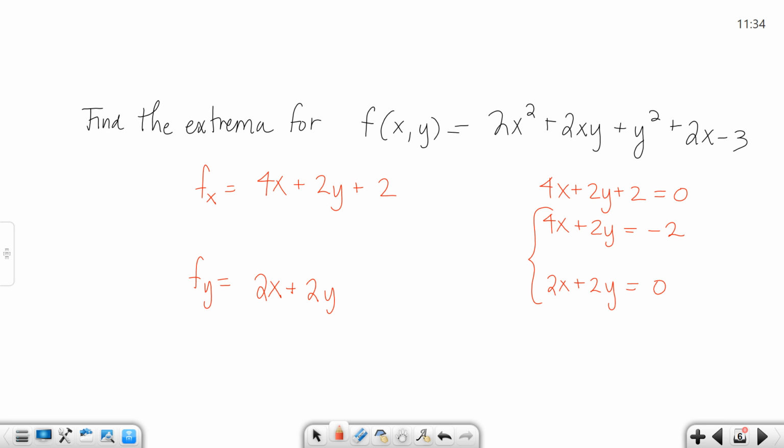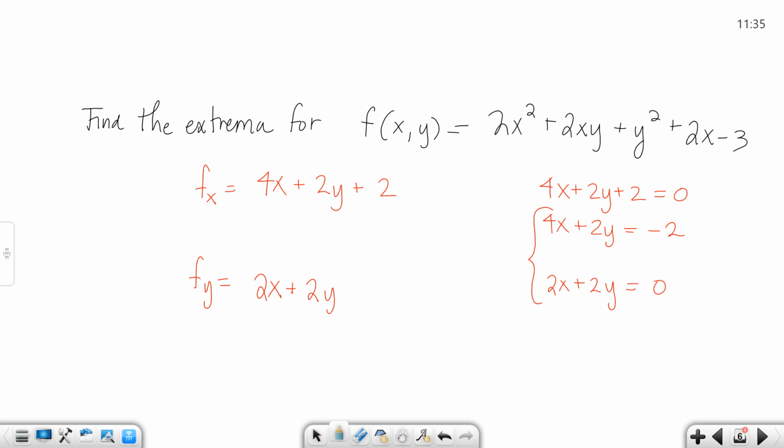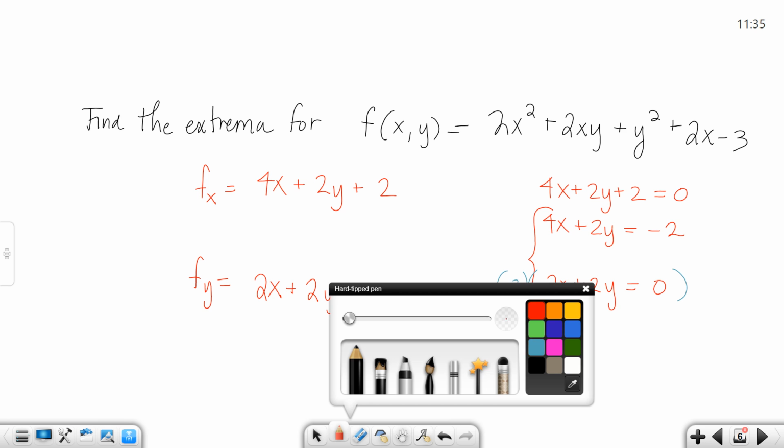Now, you can solve a system of equations by a whole host of ways. You could use Cramer's rule, or you could use substitution or addition method. It doesn't matter, but you do have to find a point that solves both of these equations at the same time. So what I prefer to do is the addition method. So solving this by the addition method, I'm going to take this second row and multiply the whole thing through by negative 2.